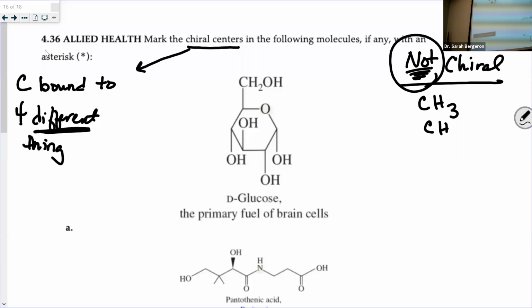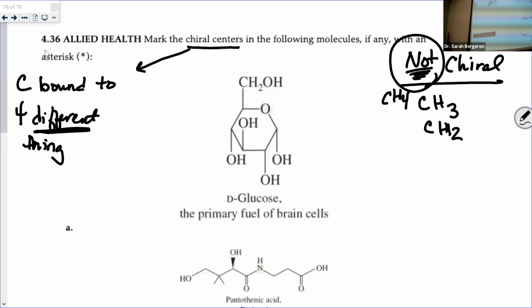Well, it can't be CH4, but I guess technically CH4 would not be chiral. You're correct. CH4 would not be chiral. But you're not going to see that in a big compound, right? CH2 is not chiral because what two things are the same? You get two hydrogens. If you have one hydrogen, could you be chiral? You could. Doesn't necessarily mean that you are, but you could be chiral.